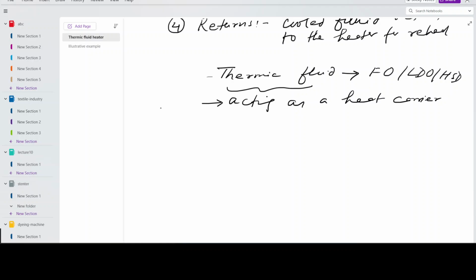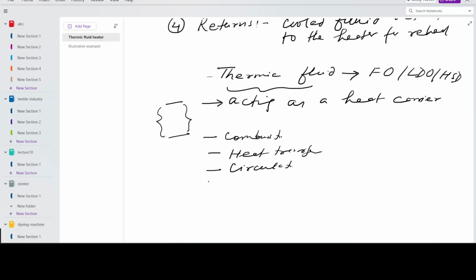So this is a 4-step process we have seen. First is combustion, then heat transfer, then circulation, and finally return.